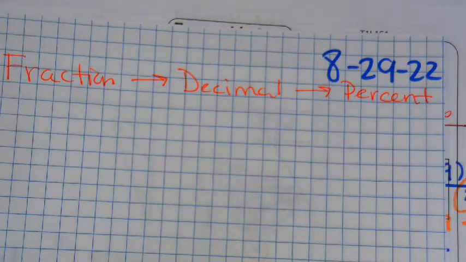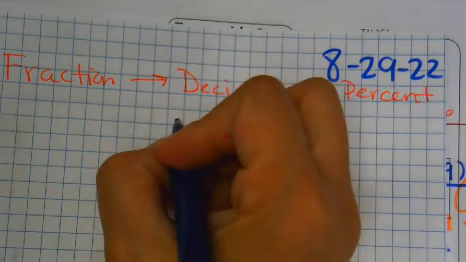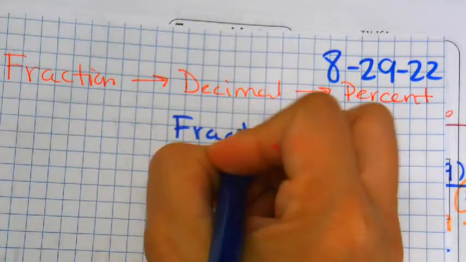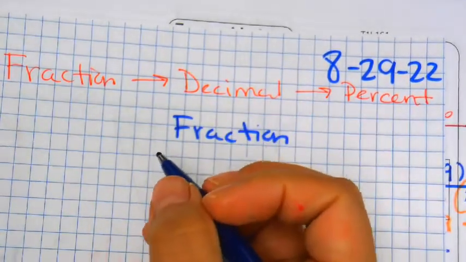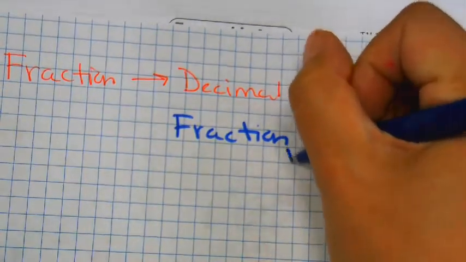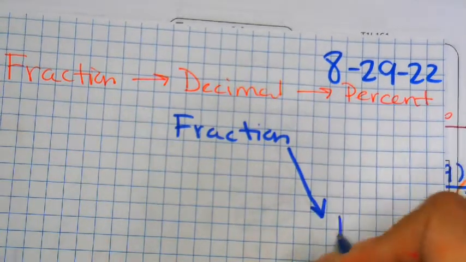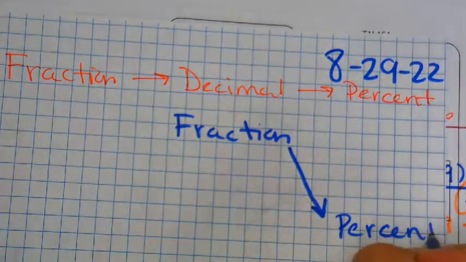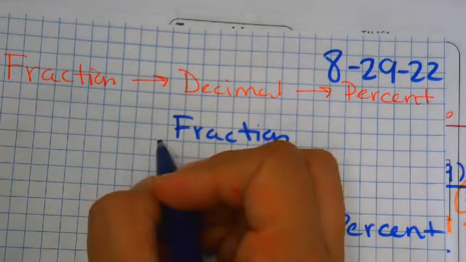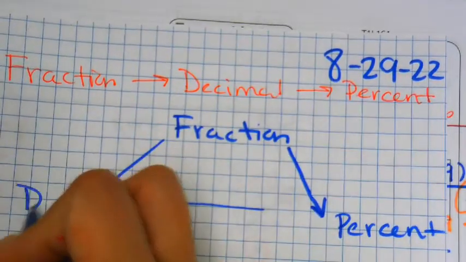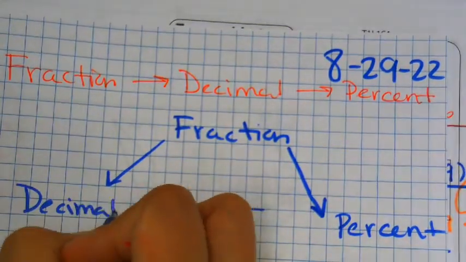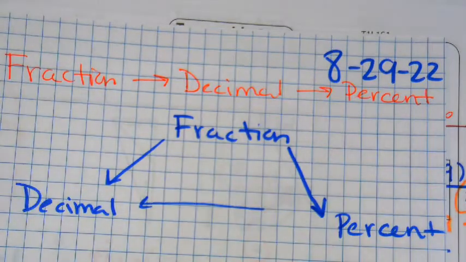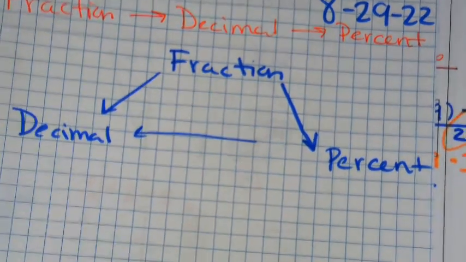Ready? So we're going to take a fraction and turn it into a percent, and then into a decimal. Do you guys remember doing this in 6th grade? This pyramid thingamajig, fraction, decimal, percent, right?